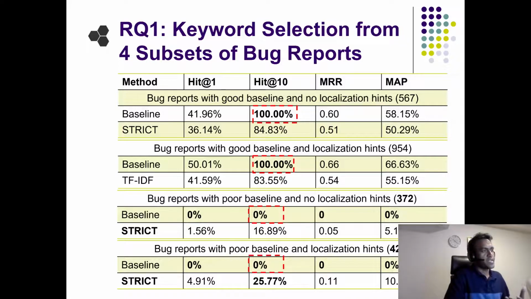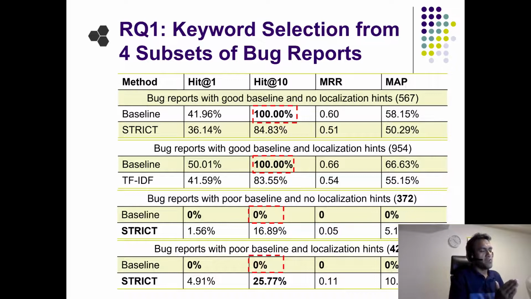So that's an interesting finding. On the other hand, you see that the state-of-the-art technique was able to provide a bit higher performance than the baseline search queries. So these are interesting findings.